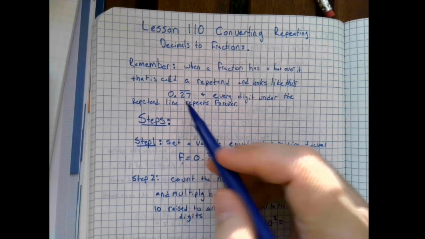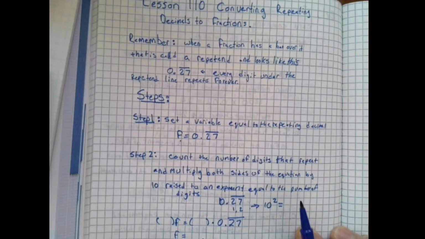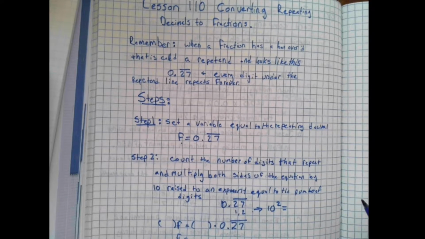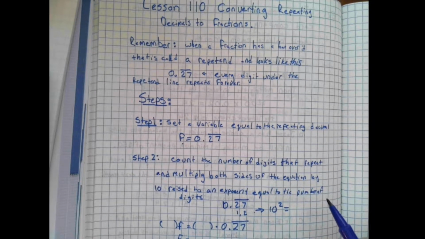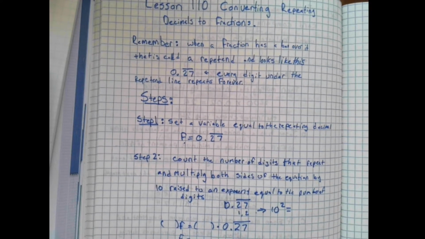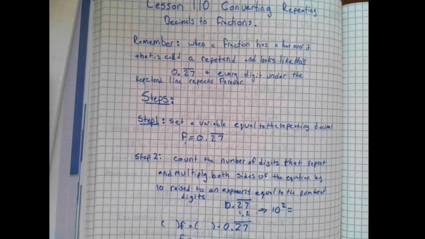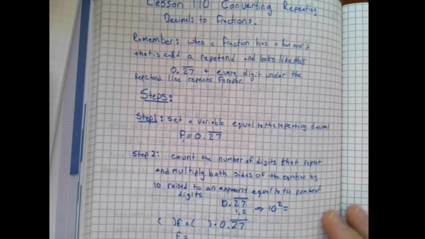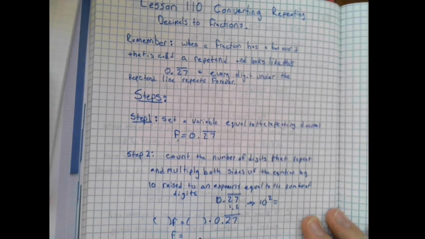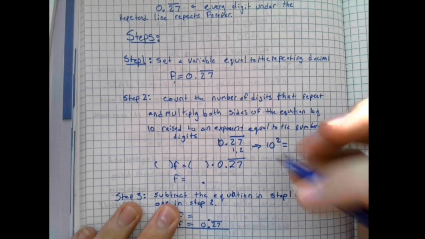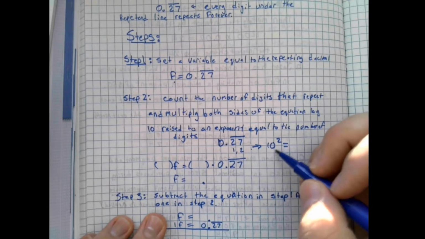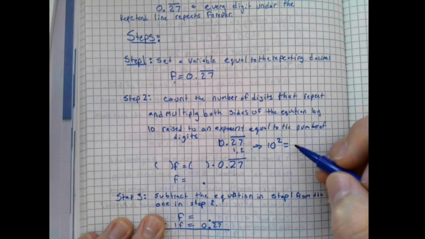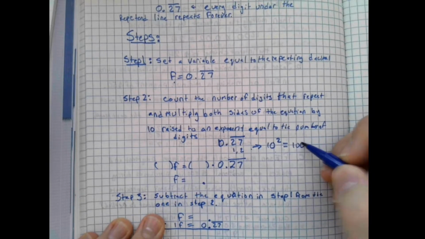This is the same repeating decimal. Now, then, our next step is we count the number of digits that repeat, and then we multiply both sides of the equation by 10 raised to an exponent equal to the number of digits. So 0.27 repeating, that's 2 digits, so we're going to do 10 to the power of 2. 10 to the power of 2 is 100.